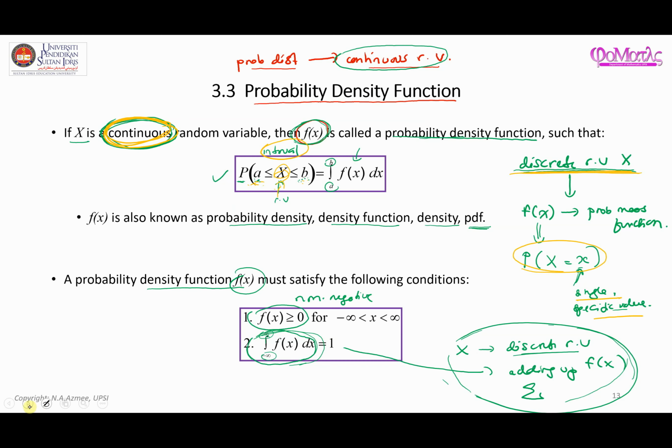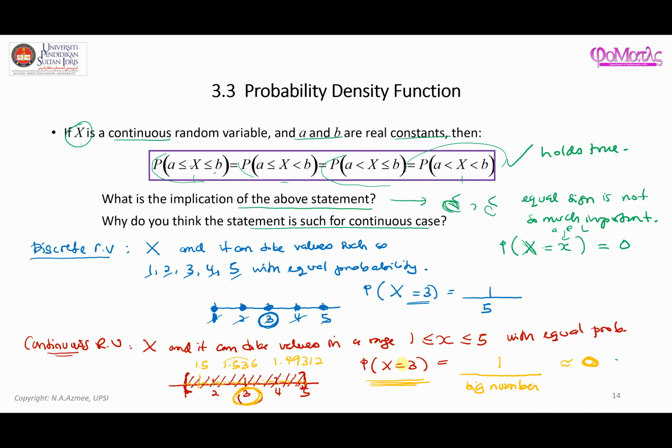And because of that, since the probability at a specific point here is 0 when it is equal to something, therefore the notation here, whether you have less than, greater than or equal to, doesn't matter, because the probability x equals to a is going to be 0. Therefore, this part here is going to be equal to this part.